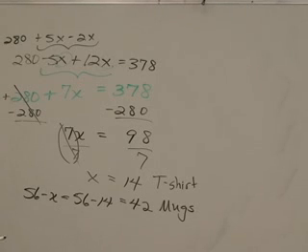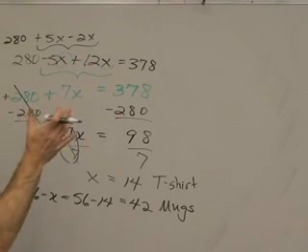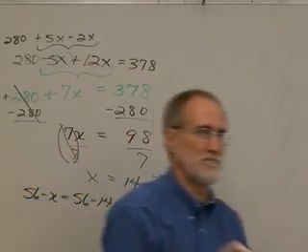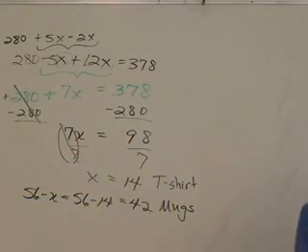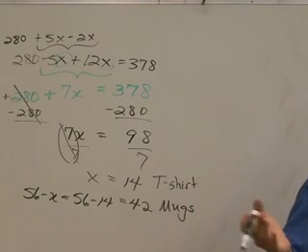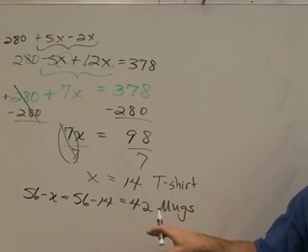It's called combining terms that are alike. A term that has a letter in it is called a variable term. A term that doesn't have a letter in it is called a constant term. So we can combine constants and we can combine variables, but we can't combine them with each other because we don't know what the variable is. Does that help? Yeah. And then we check it the same way.